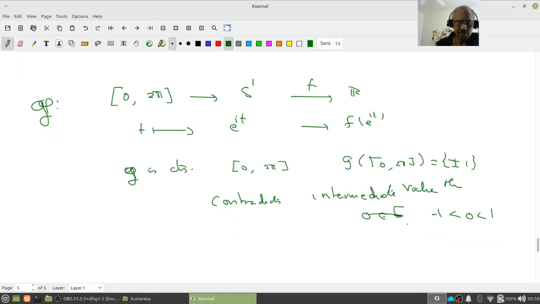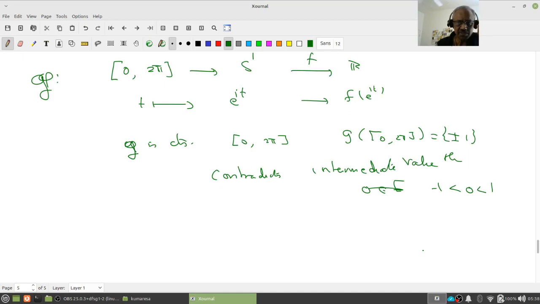Therefore there should exist some t in the interval 0 to 2 pi so that g of t must be 0. But g takes only these two values. Therefore this is also a contradiction. Hence what do we conclude? Therefore we conclude there exists no continuous argument.